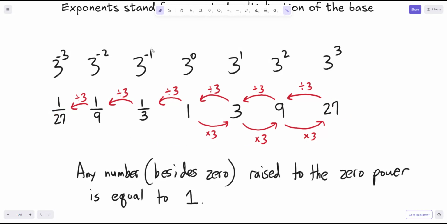One common misconception is that negative exponent means a negative number, when in reality, negative exponents mean fractions. It's 1 over 3 to the first power. 3 to the negative second power is 1 over 3 squared, and 3 squared is 9. And 3 to the negative third power is 1 over 3 cubed, and 3 cubed being 27.